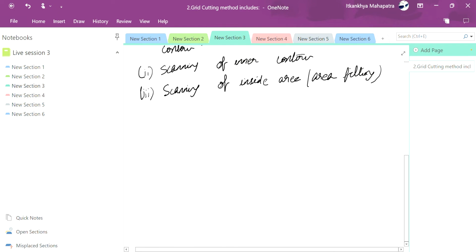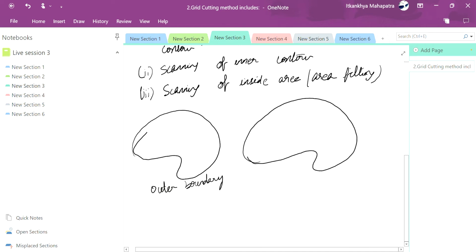Suppose this is the outer boundary of an object which we want to scan. Here we don't want any material. So this is the inner boundary.